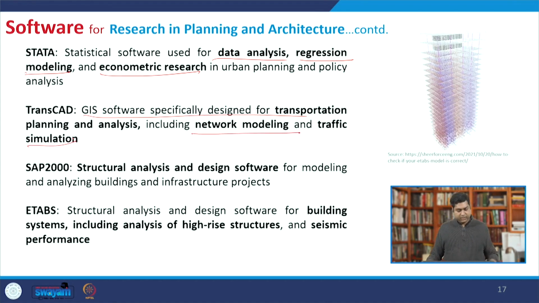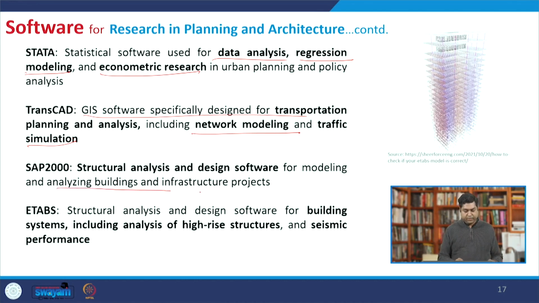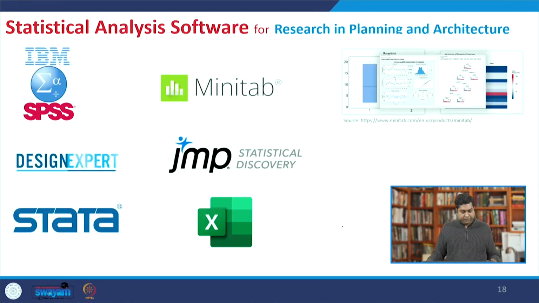SAP2000 is a structural analysis and design software for modeling and analyzing buildings and infrastructure projects. Now ETABS is another very useful software for structural design and structural performance, especially for high-rise buildings, which also includes the feature of seismic performance.